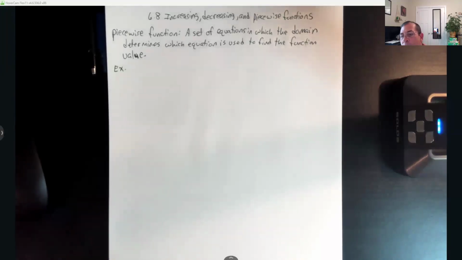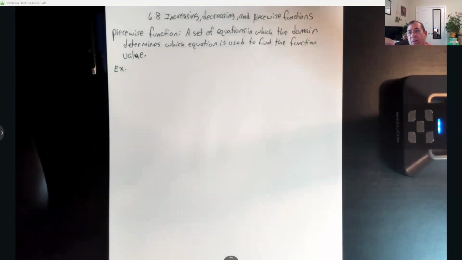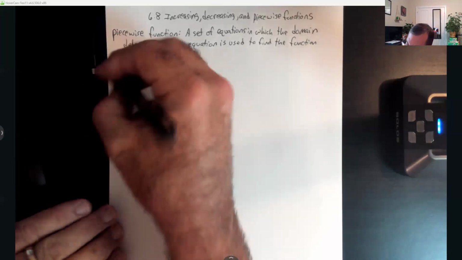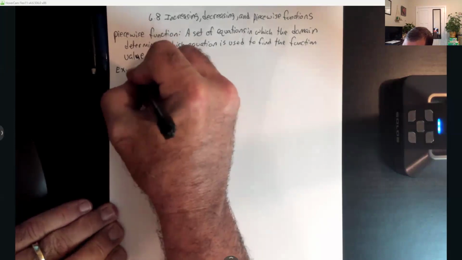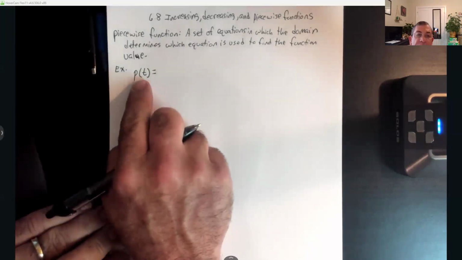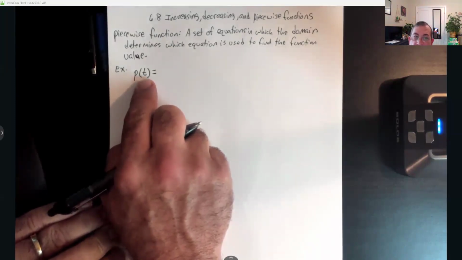But if you work more than 40 hours, you get overtime pay. So you would use a different equation to find your pay if it was more than 40. So y'all, I'm going to call this P of T. So P stands for my pay, and T is the time in hours.